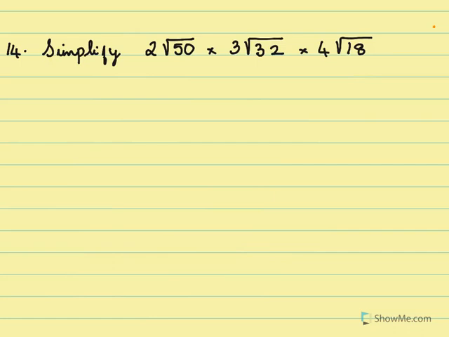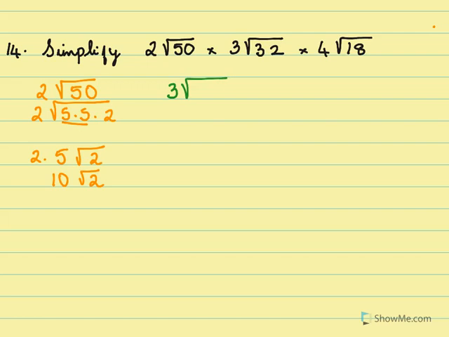Simplify. 2 under root 50 into 3 under root 32 into 4 under root 18. So I start with 2 under root 50. That is 50 is 5, 5, 2. Groups of 2. So this would be 5 under root 2, 10 under root 2.